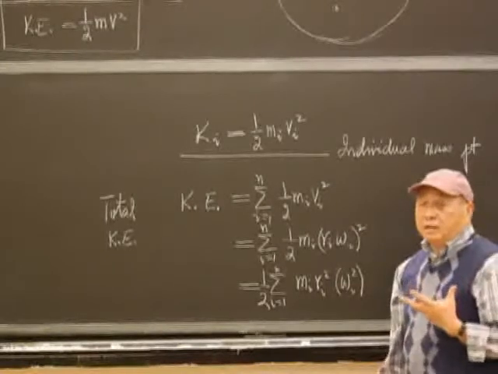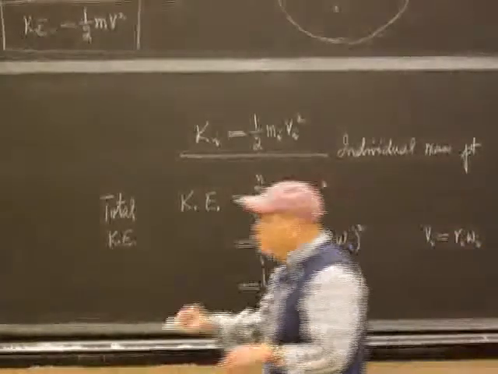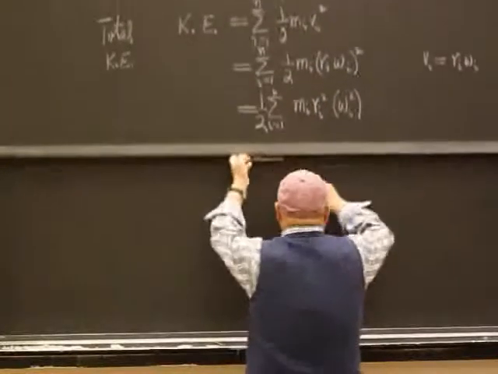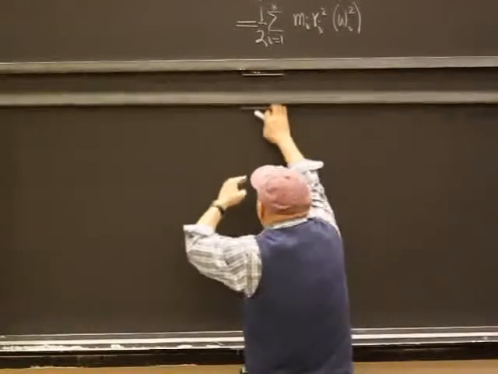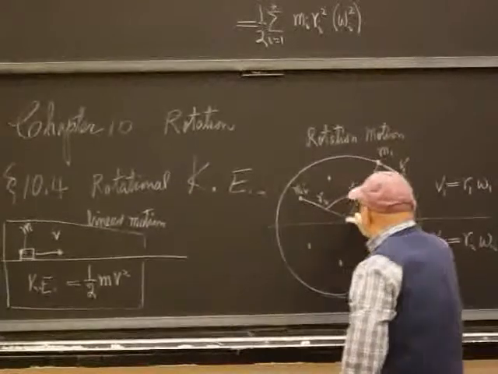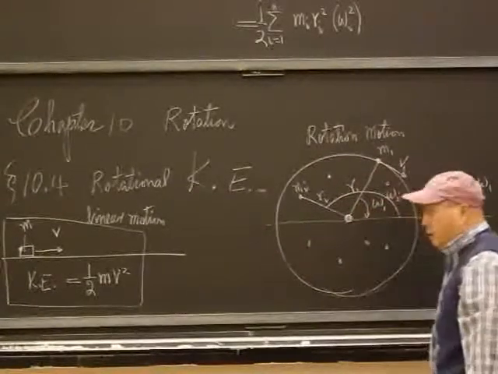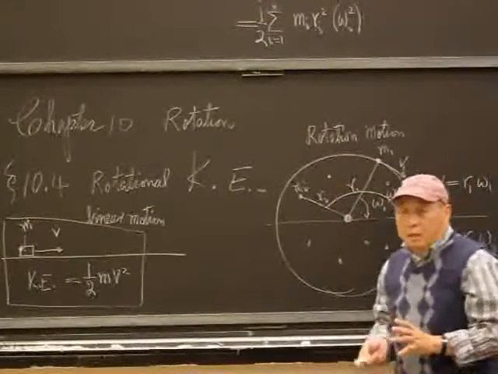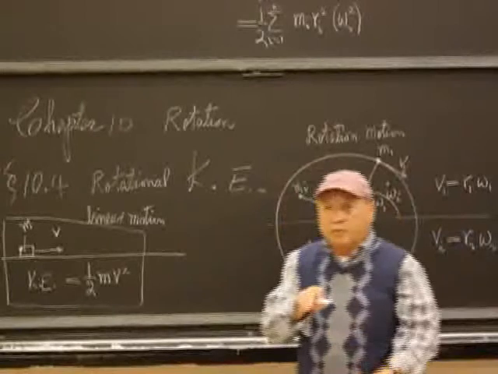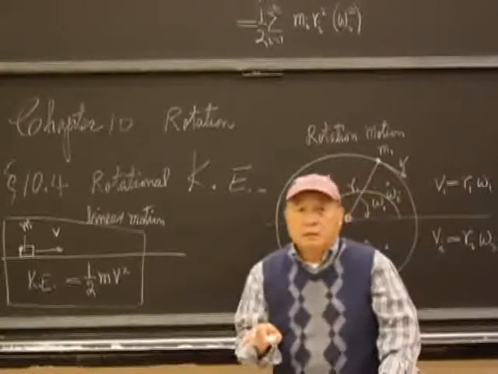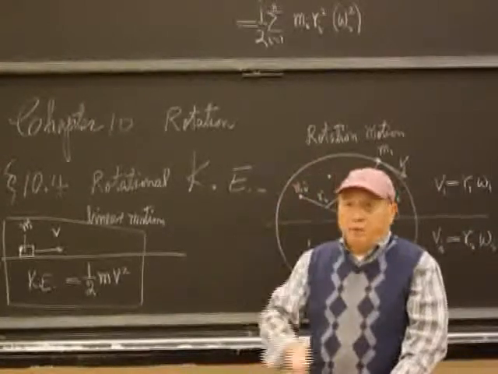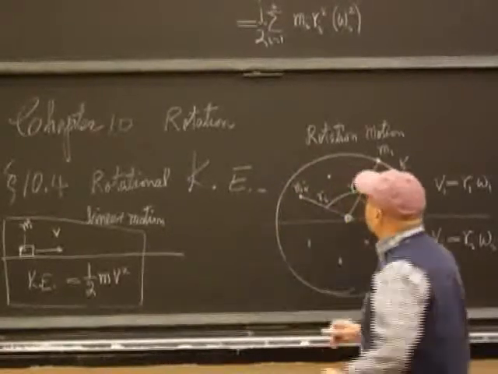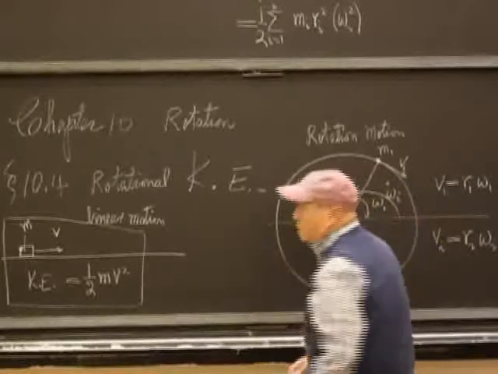So we have to ask ourselves, during the solid motion, they are all rotating around the point. But during the rotation, with the axis right in the center, the angular velocity is identical. Now this is serving as explanation.